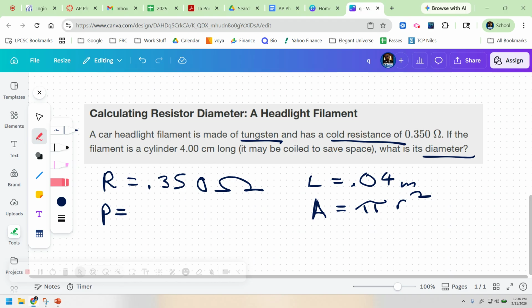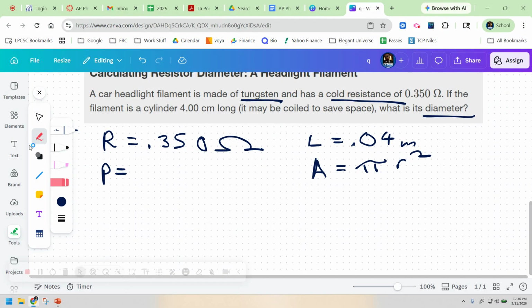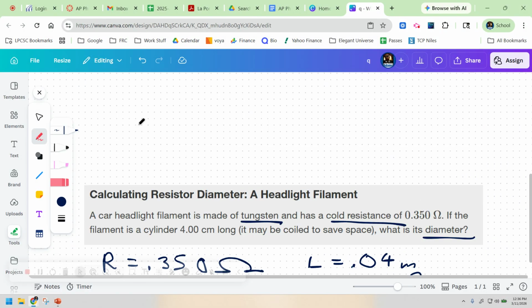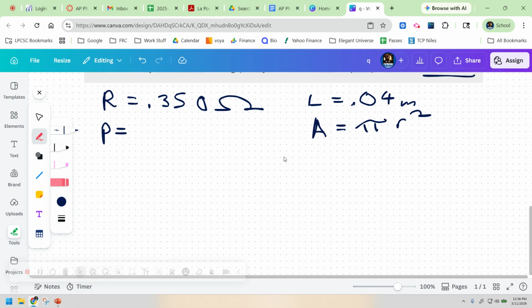Okay. Now, I'm just going to do that on the other screen. But what's my relationship? Well, if I take that formula that we have up above here, and I do a little algebraic manipulation.